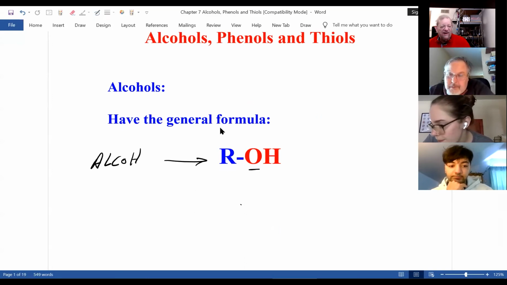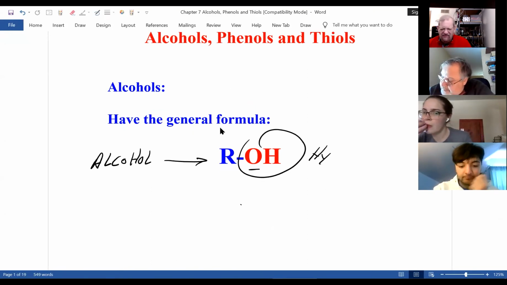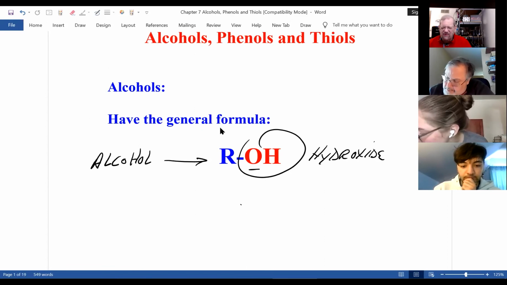By the way, not all alcohols get you inebriated. An alcohol is any molecule that has a carbon with OH, and this is called hydroxide. I'll never ask that on a test, but OH hydroxide group on a carbon is an alcohol.